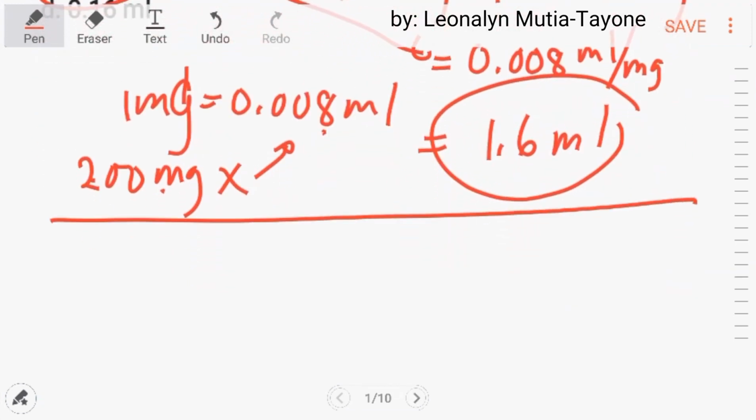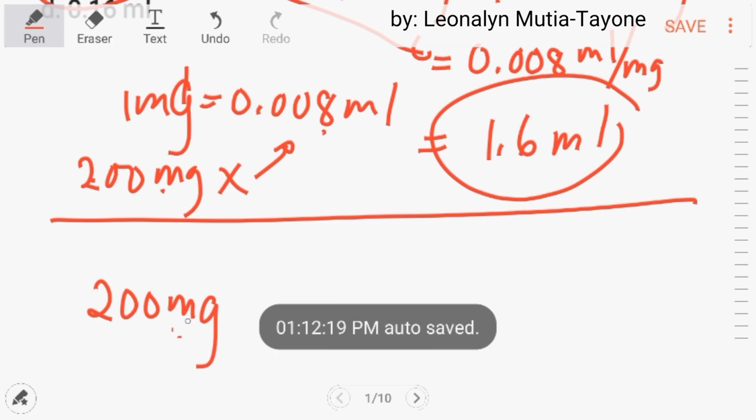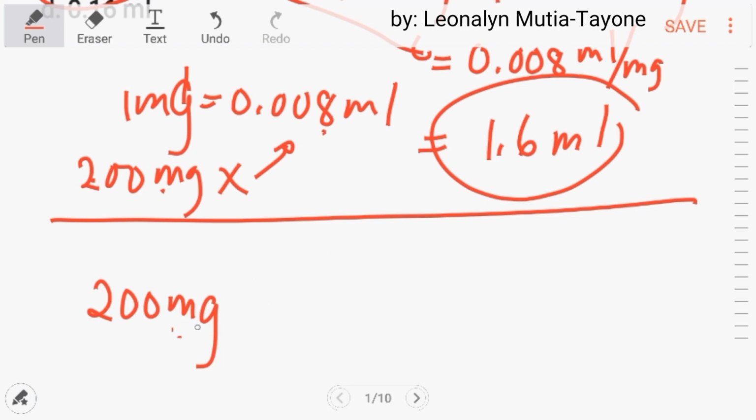Another way, the prescription is 200 milligram. The available is 500 milligram in 4 ml. To cancel this milligram, because the question is how many ml, you have to divide it by milligram also. That is 500 milligram. And this 500 milligram is in 4 ml.